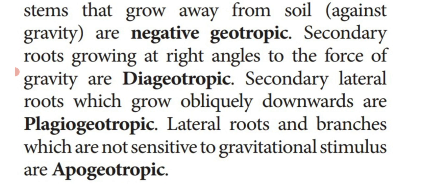The secondary lateral roots growing obliquely downwards are plagiogeotropic. The lateral roots and branches do not show any growth movement towards the gravitational force; that is known as apogeotropic. A for absence. So absence of growth movement towards the gravitational force is known as apogeotropic.